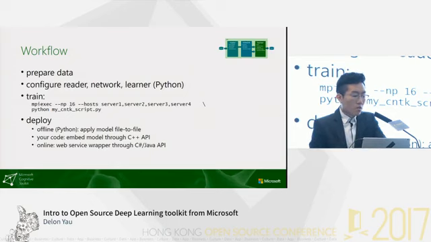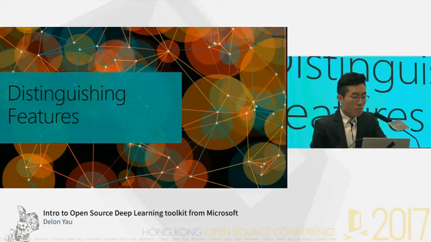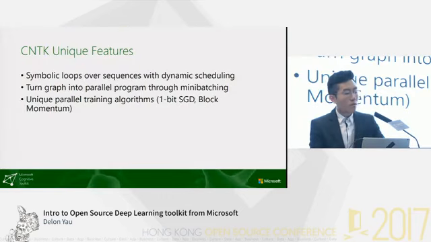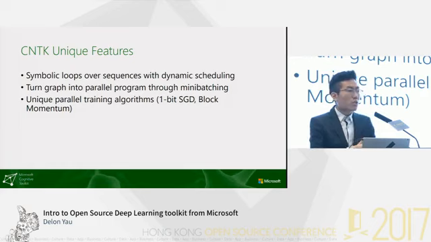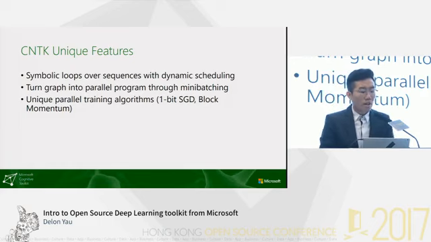Now some of the unique features in comparison with other open source or third party deep learning frameworks. As I mentioned before, because the model is based on functions, scheduling is very important.